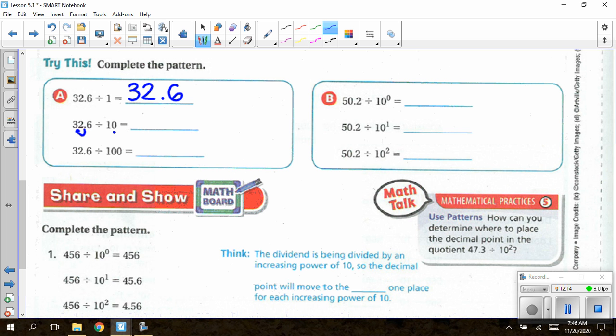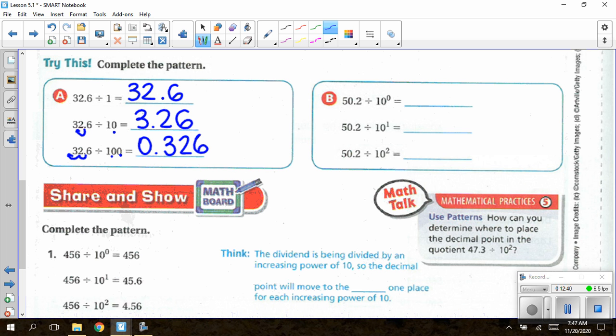So once to the left does place my decimal in between the 3 and the 2. And then divide that by 100. My 100 has 2 zeros. Since we're dividing, it's to the left, and from the decimal it swoops into the beginning of the number, so in front of the 3. So 326 thousandths.